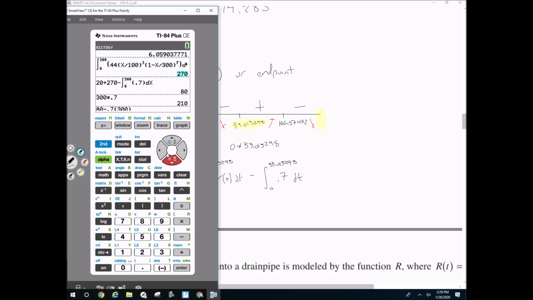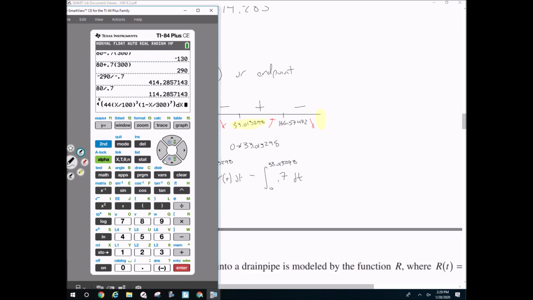Okay, so save that. 20 plus integral from 0 to 33.013298 of that minus integral from 0 to 33.013298 of L. You could have just done 0.7 times that value, and I get 3.803.